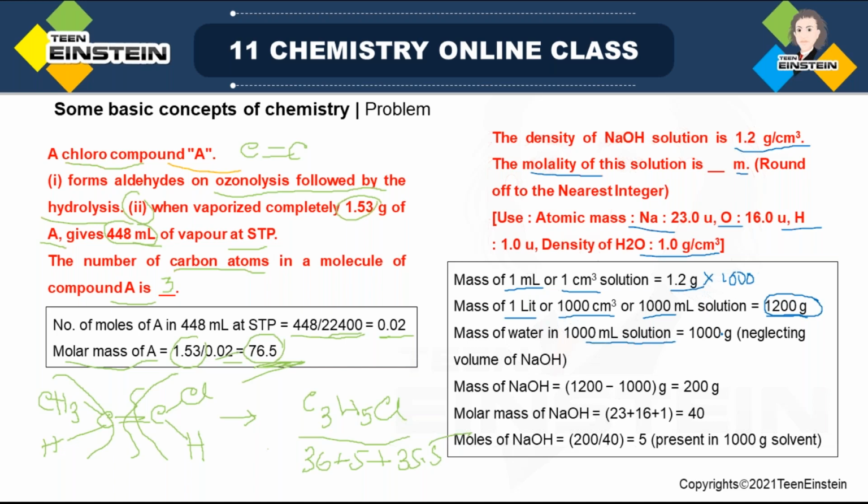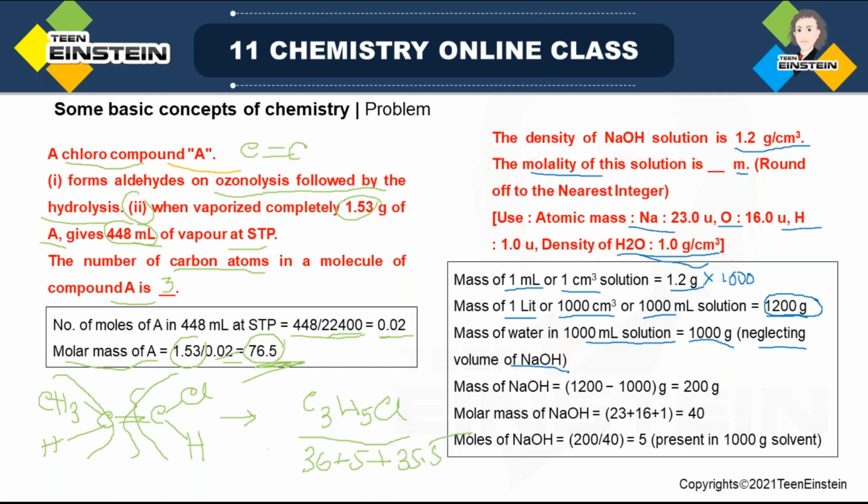So you just have to neglect it, and it is solid also. So the corresponding volume of this solid is very, very less. So we can write the mass of water in 1000 ml solution as the same, that is 1000 gram, because density of water is given as 1 gram per cm cube. And here we are neglecting the volume of NaOH.